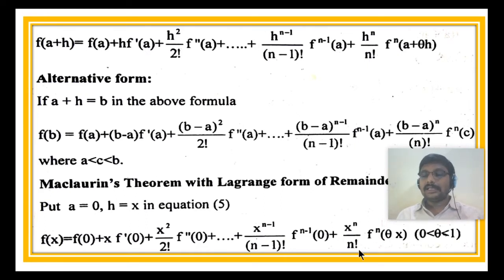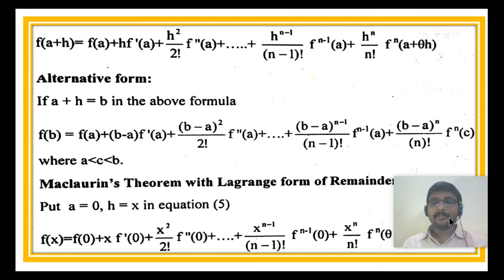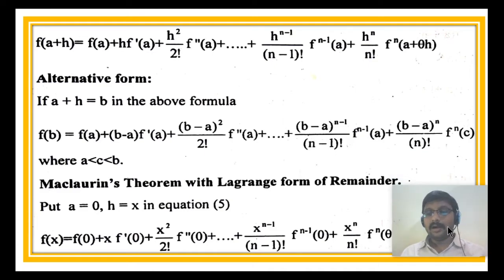This is called Lagrange's form of remainder, and the statement is known as Maclaurin's theorem. What is theta here? Theta is the real number which lies in the open interval 0 comma 1. So it is the alternate form of Maclaurin's theorem.